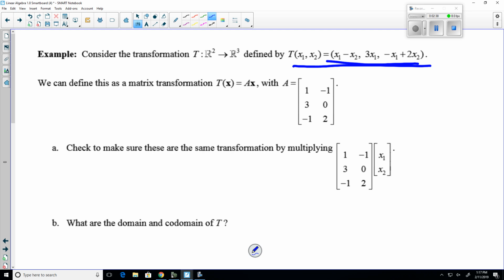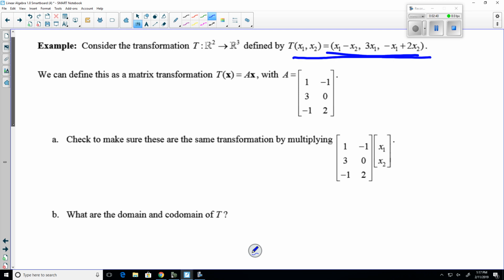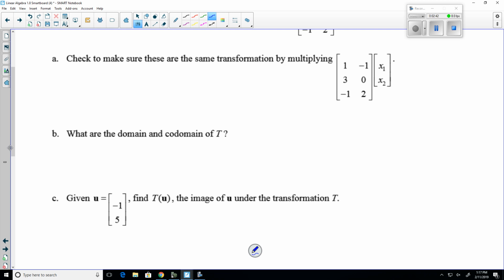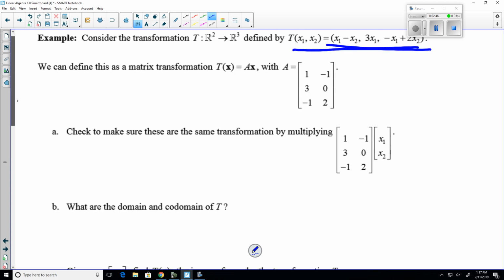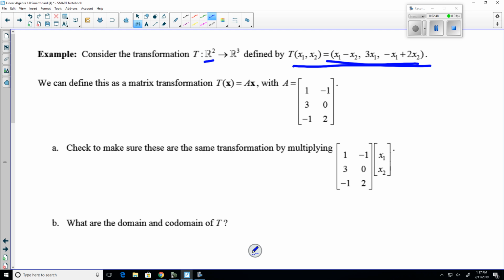So we asked some questions like, what are the domain and codomain of T? The domain is R2 because if A is 3 by 2, then the vector that we multiply by has to be 2 by 1, right? So the vectors that we plug into the transformation have to be R2 vectors.